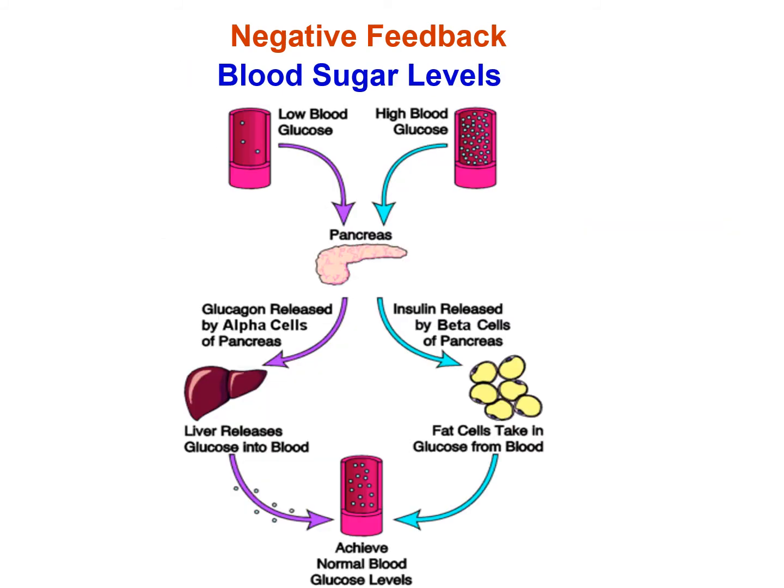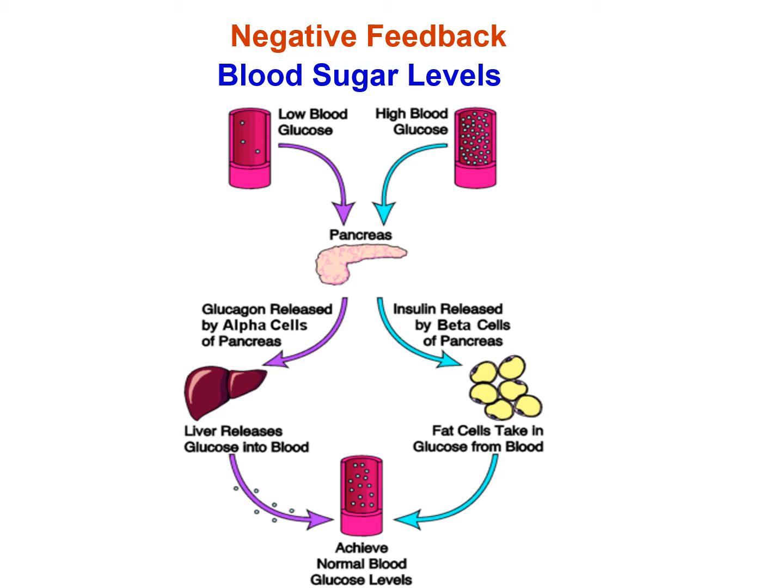Now, a classic example of negative feedback is the interaction between the liver and the pancreas. Your liver has lots of jobs, and one of its main jobs is to feed your blood. Your blood is alive. Your blood needs to eat, and your blood eats sugar. We have to be real careful with how much sugar we put into our blood. Think honey. Honey is really thick, and it takes a long time to move.